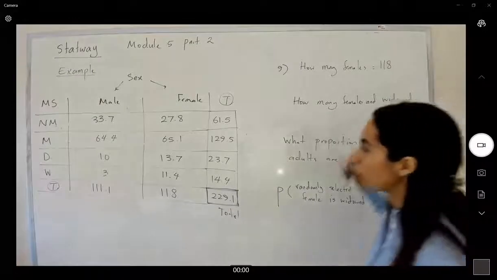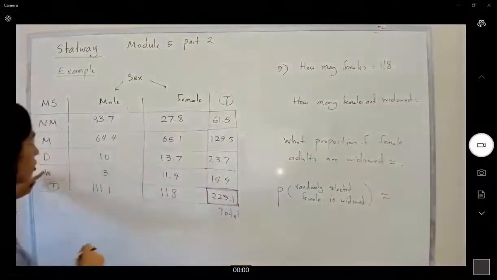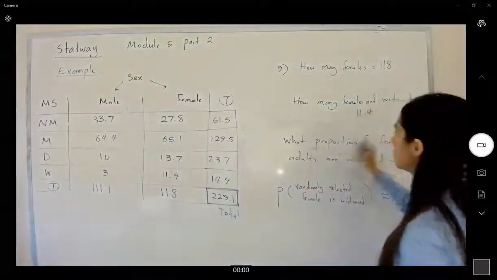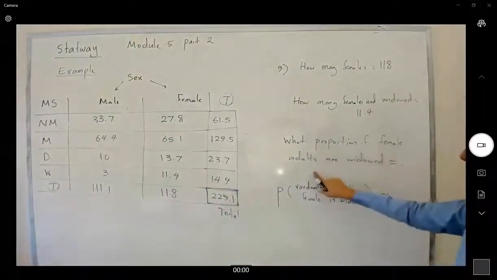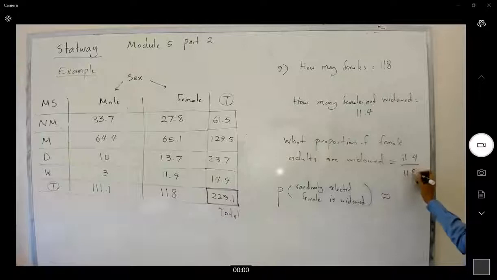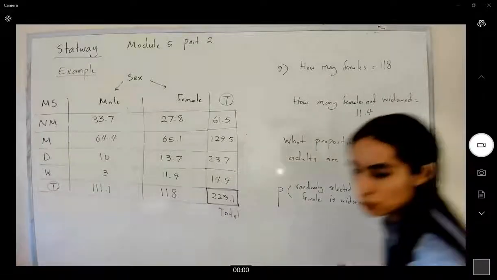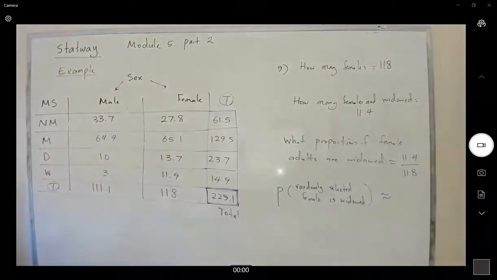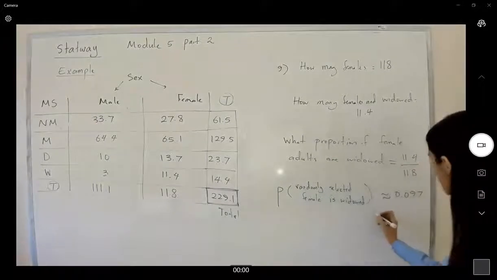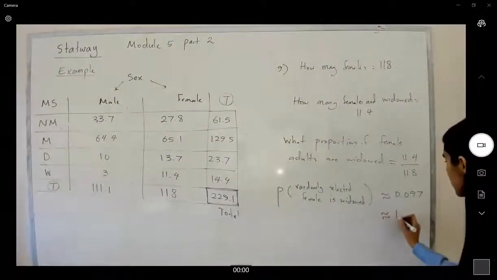How many females are widowed? So widowed and females is 11.4. And the proportion of female adults that are widowed is going to be 11.4 divided by 118. Let's just do the calculation. We get almost 0.097, which is almost 10%.